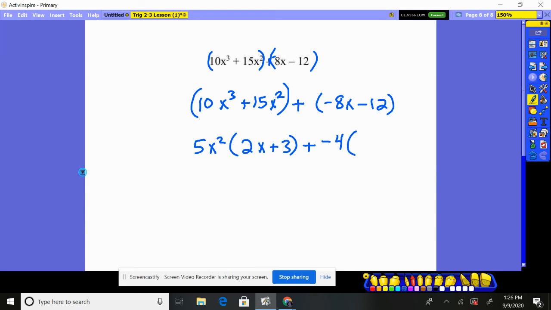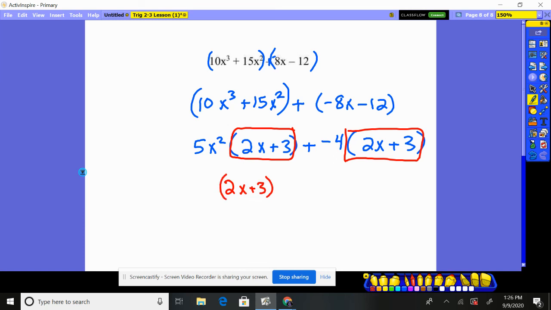We'll be left behind with a 2x. Negative 4 times a positive 3 gives me the negative 12. And notice that we have created a common piece of 2x plus 3. Common factor in each of the two terms there.